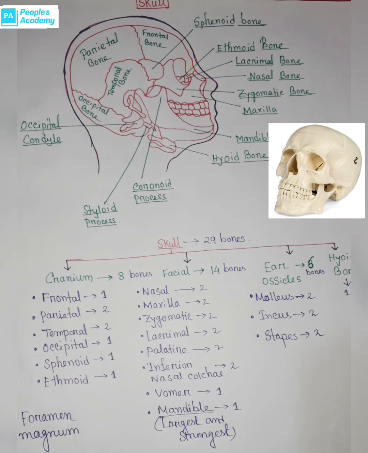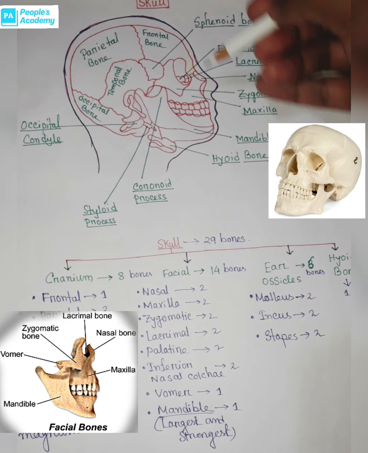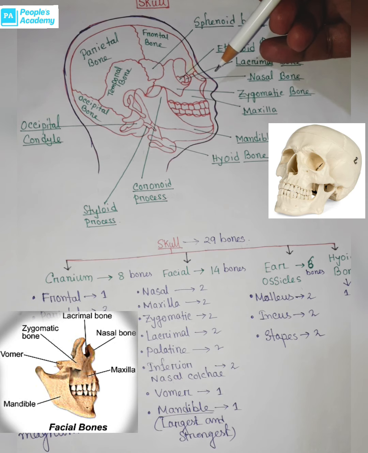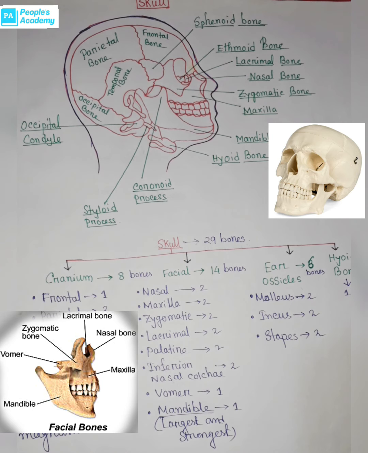Let's talk about the facial bones. Facial bones constitute the frontal part of the skull. They constitute the skeleton of the nose, the palate, and the jaws.